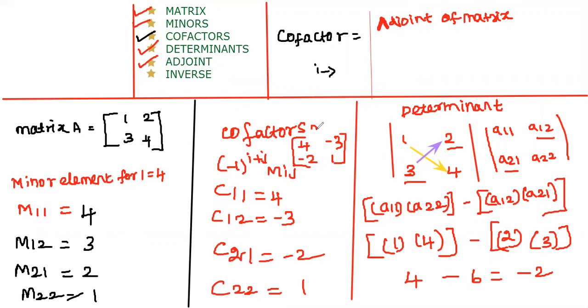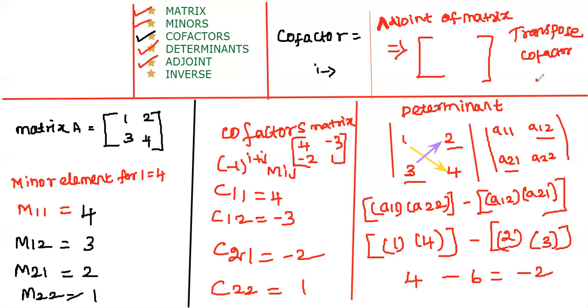So this is the cofactor matrix: 4, minus 3, minus 2, 1. For finding the adjoint, you just have to transpose the cofactor matrix. Transpose means just change row into column or column into row. That is going to be your adjoint matrix or adjugate matrix.